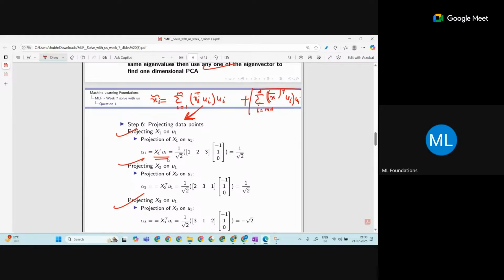So x1 u1. Because it is one dimension, m is going to be 1, so only 1, no need to write the summation here, just replace with the 1. So x1 u1. Once you found that, then outside u1.